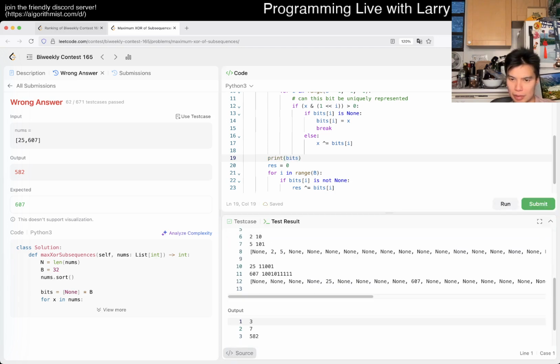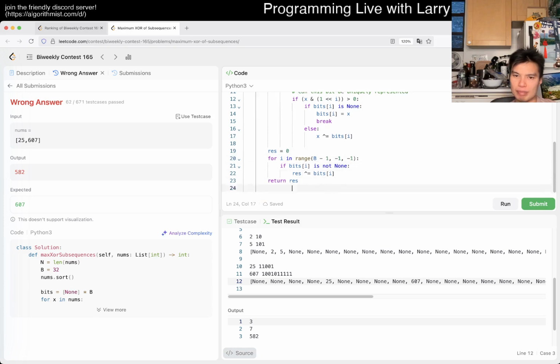Okay, so there's 25 and 607. Do I get the max? I guess we don't always have to use every bit. Why don't we? Oh, because this contains stuff that's here. Okay, so we only take it if it benefits us.